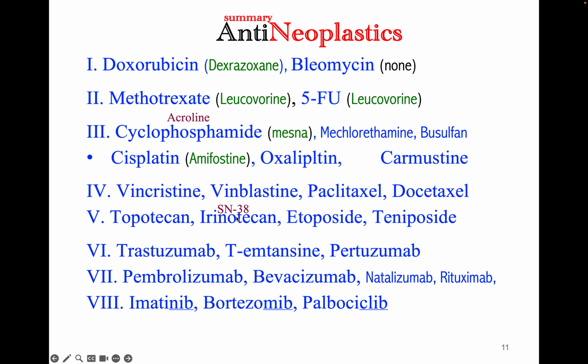And this can cause diarrhea. Okay, so irinotecan's metabolite SN38 in the normal cells, after some time, is going to be eliminated by the UGT1A1 enzyme.